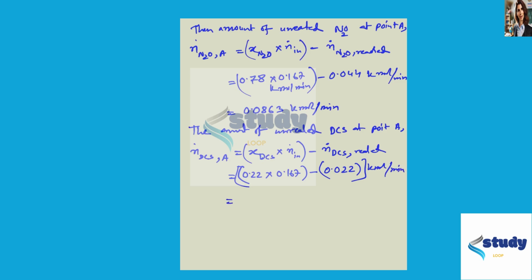From here we get the amount of unreacted DCS is 0.0147 kilomole per minute.